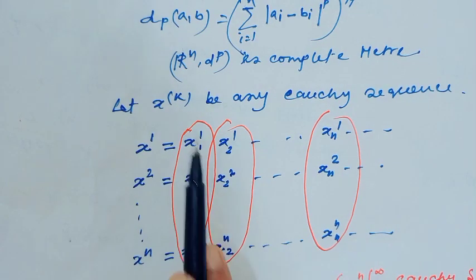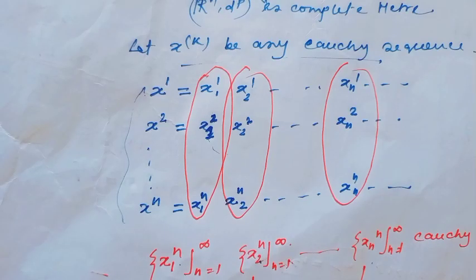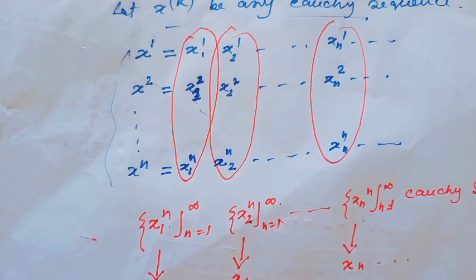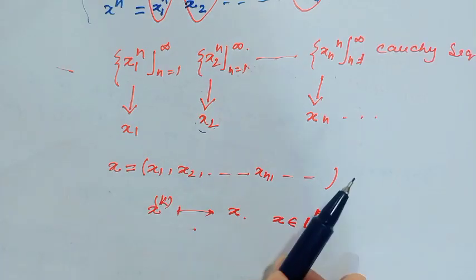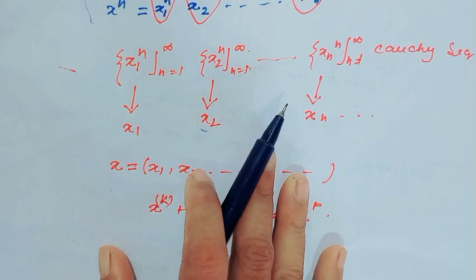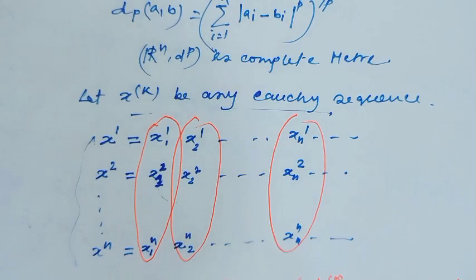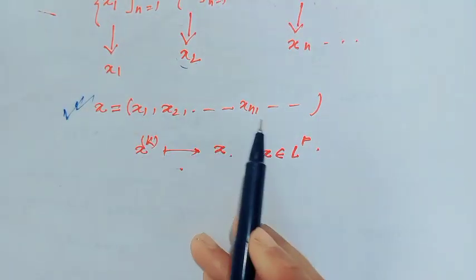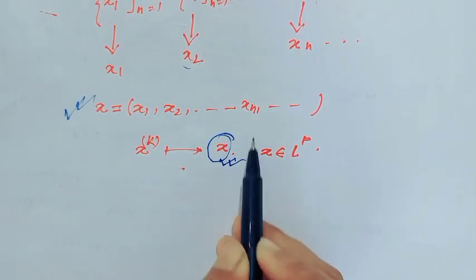Actually, we have to prove this part. At first, construct a sequence of such a type, the sequences x1^n, x2^n, up to xn^n. And xk, which is the Cauchy sequence in Lp, converges to this x, where x equals (x1, x2, up to xn), and we have to show this x belongs to Lp.